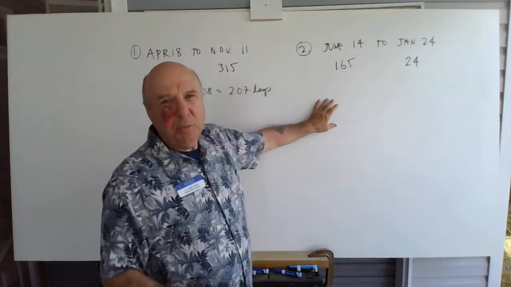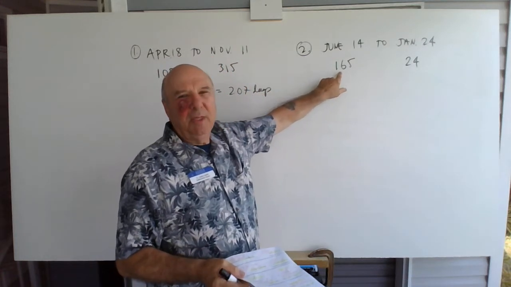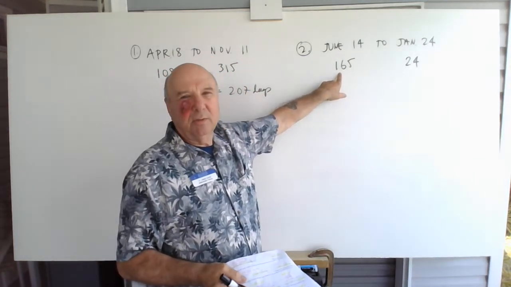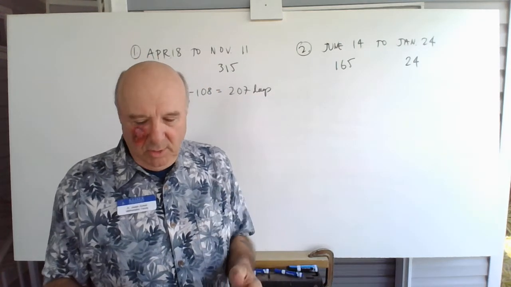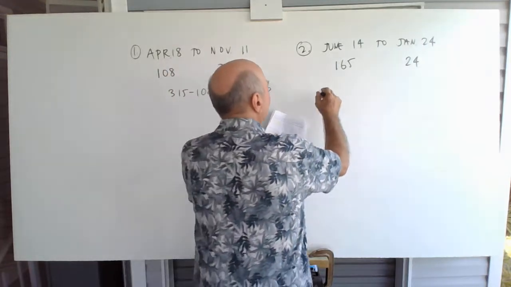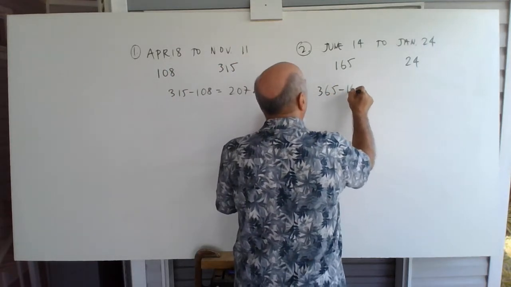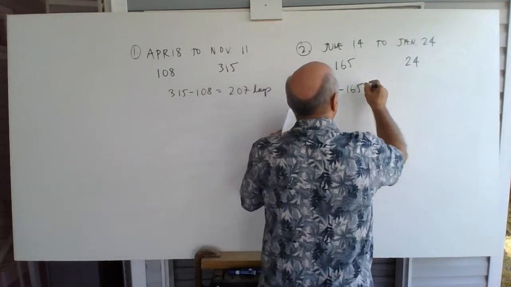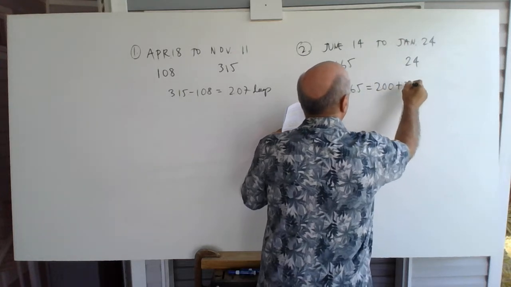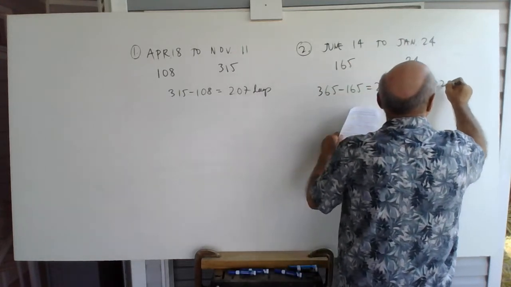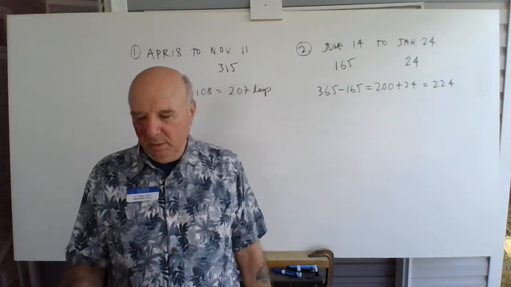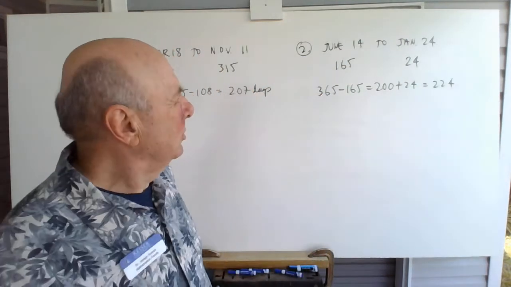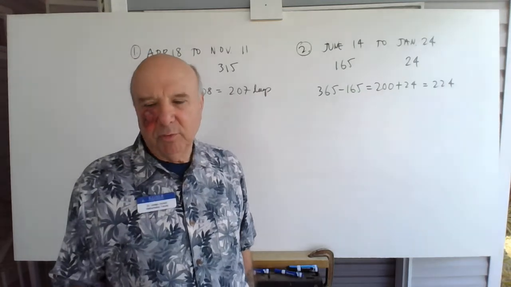In this one, I just have to figure out how many days are left in the first year. Now, you have to count that day. So when you subtract from 365, and then you add the 24, it's 224 days from June 14th to January 24th.